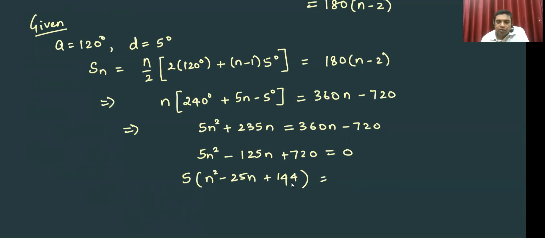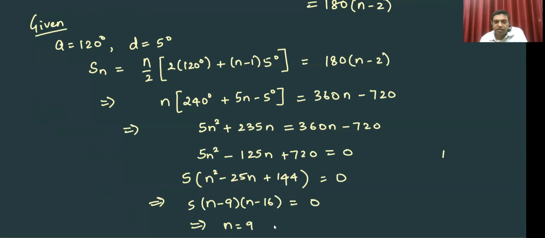So 144 is 12 into 12. Let us simplify. So 9 and 16. So n is either 9 or n equal to 16.